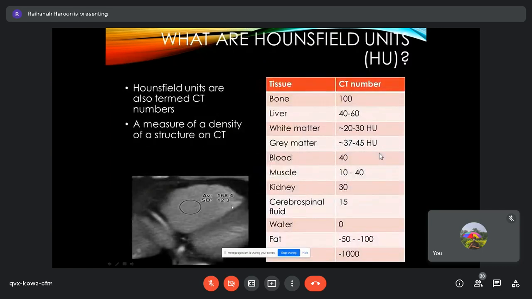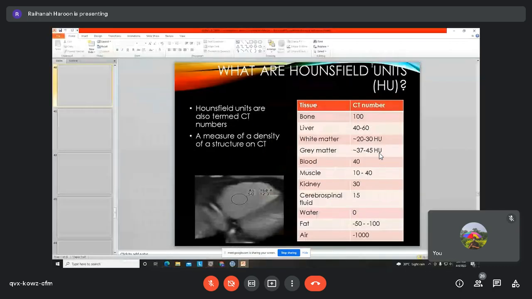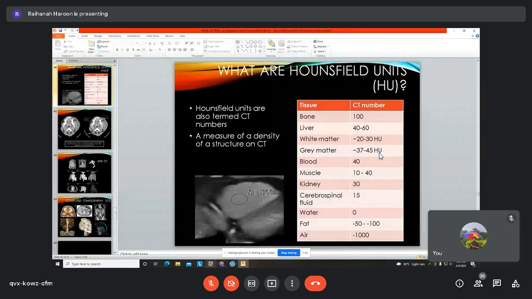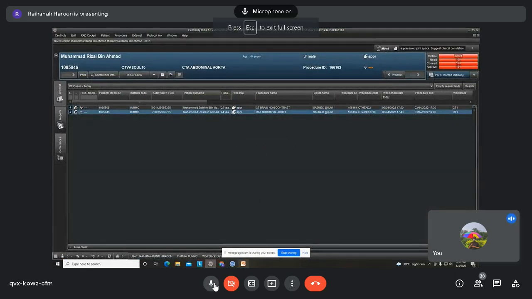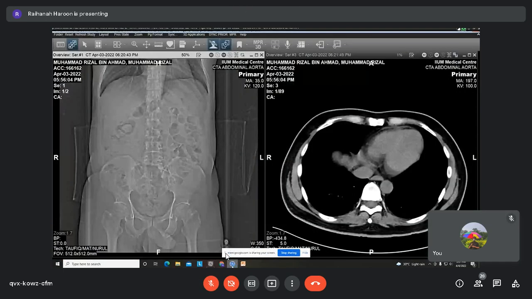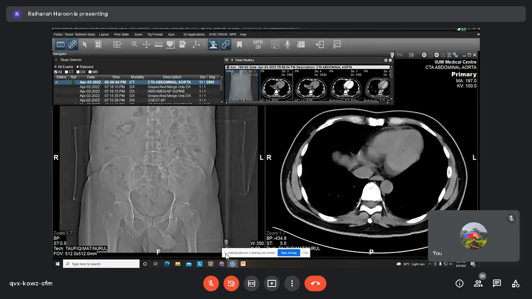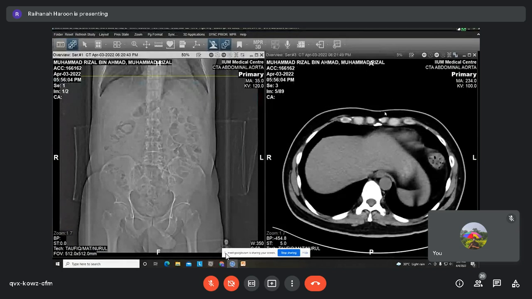And if I show it in our workstation, can you see my workstation? I'm showing you this is my workstation. This is how I manipulate the image.